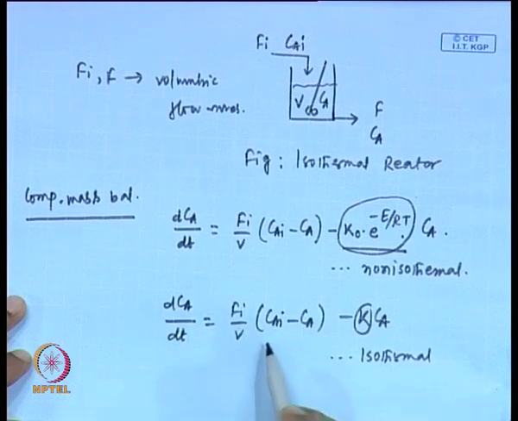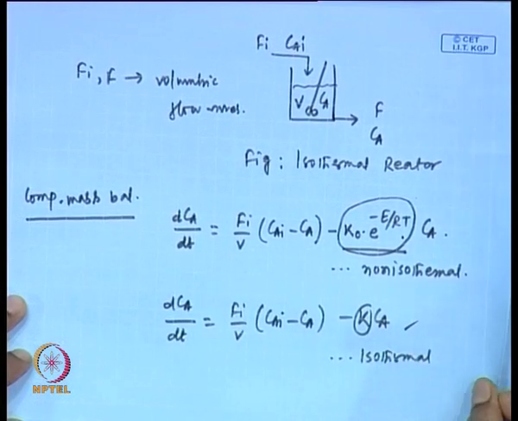Now, we need to represent this equation in terms of deviation variables. Anyway, before that we can simplify this equation like this. This is our modeling equation: dCA/dt equals Fi divided by V times (CAi minus CA) minus K CA.